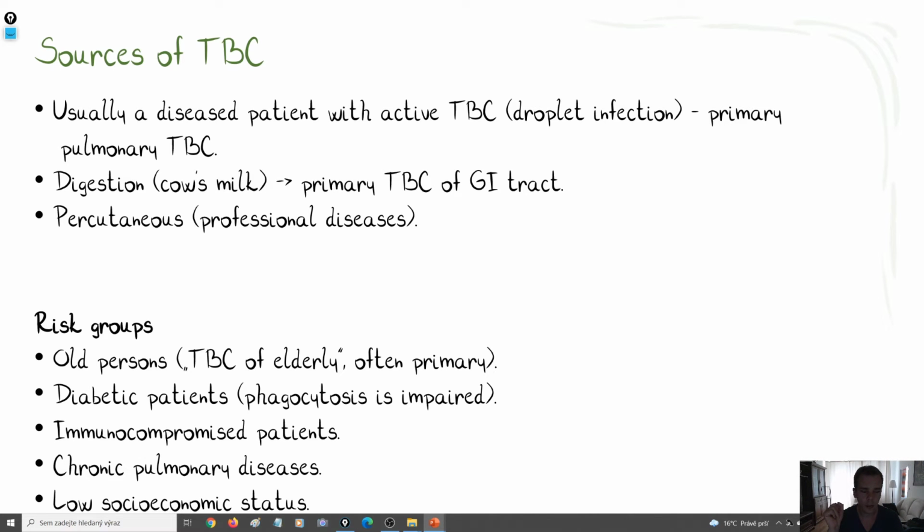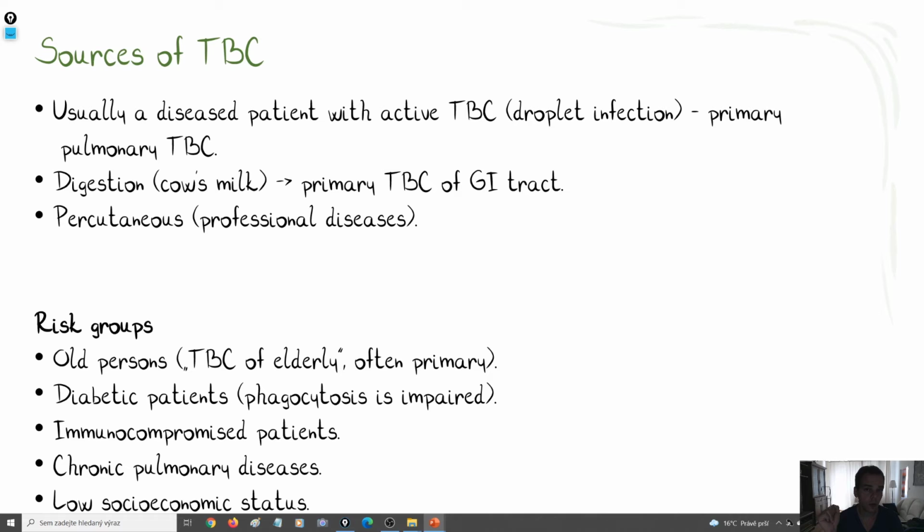But again, it's not a 100% rule, and even old persons who are polymorbid and somehow compromised can develop primary TBC. We call it TBC of the elderly as a term.